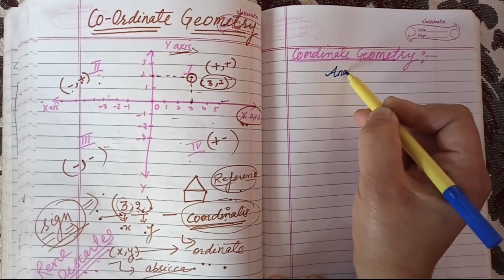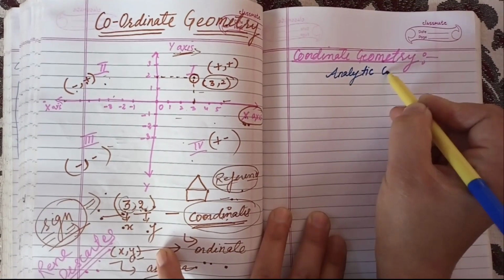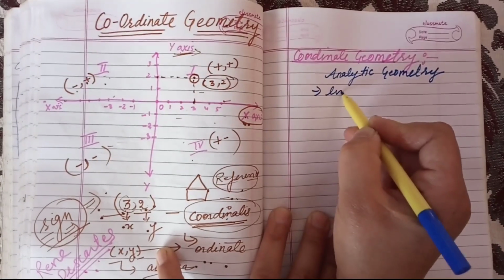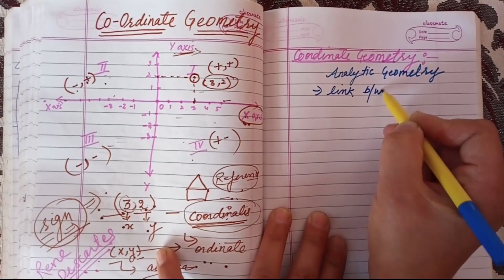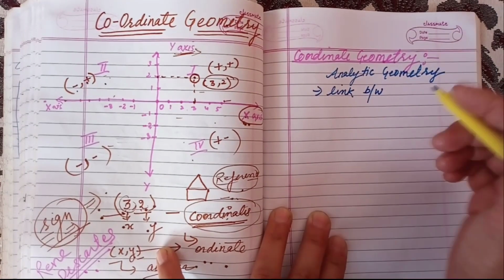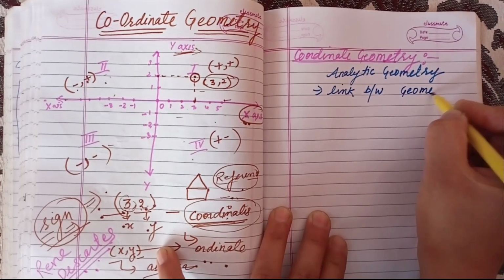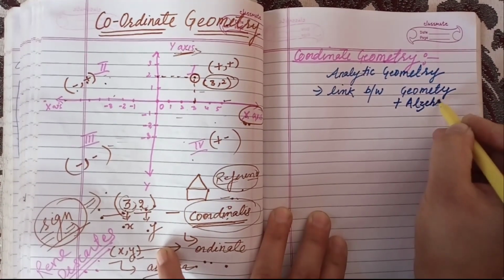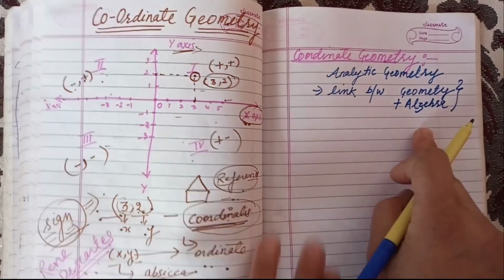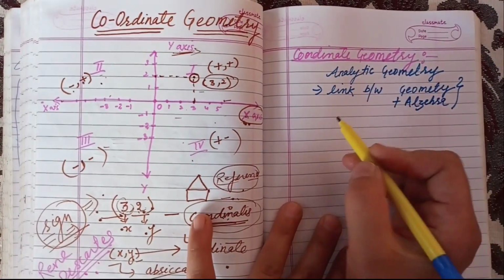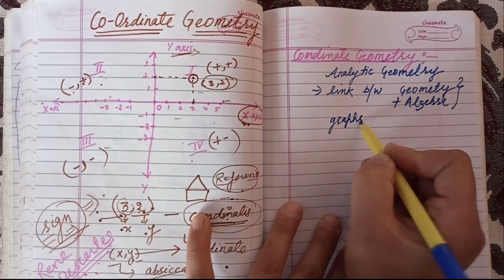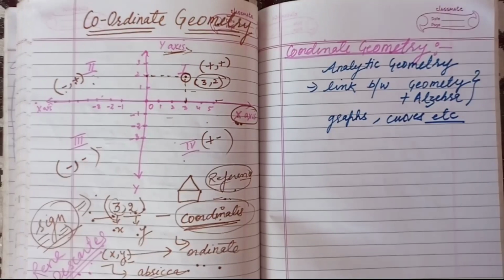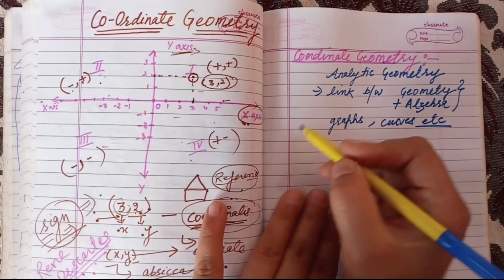It is also known as analytic geometry, right? What does it show? It shows the link between geometry and algebra. Clear? The link between algebra and geometry is given by coordinate geometry through graphs, curves, lines, etc., right?